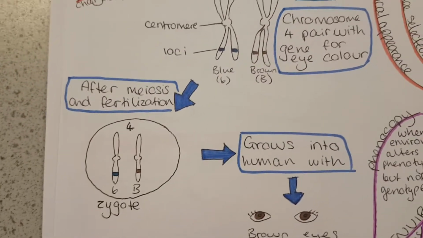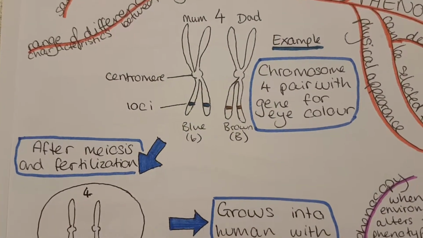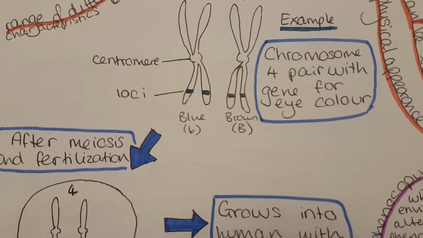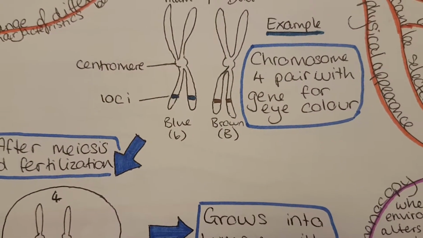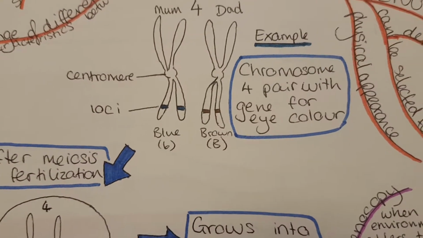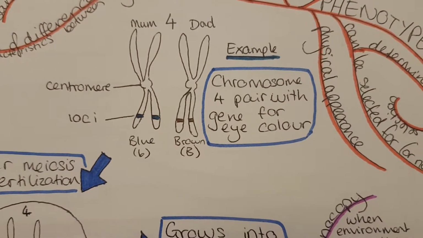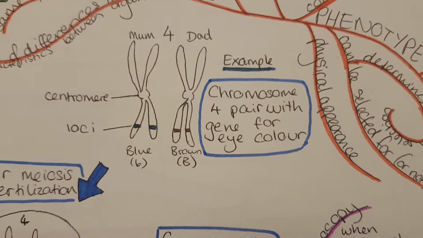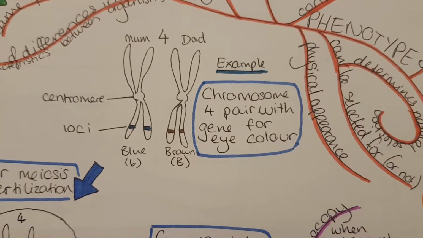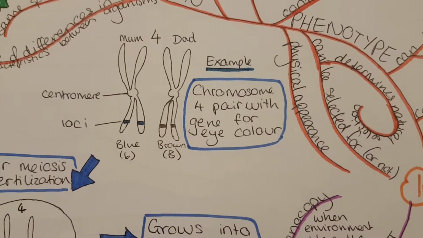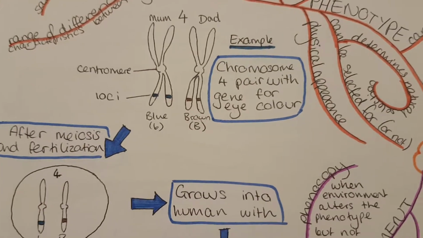And in this case, they have slightly different genes. So can you see on the mum one, they've got the allele for blue eyes. And on the father's, there's the allele for brown eyes. So that's how you can inherit different kinds of combinations of genes, which end up influencing your phenotype.